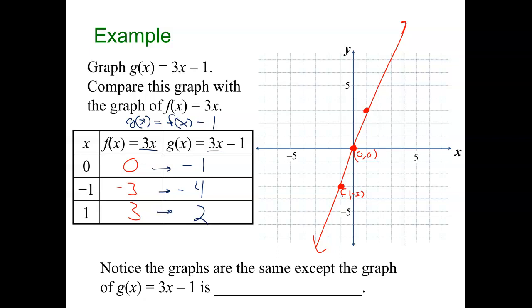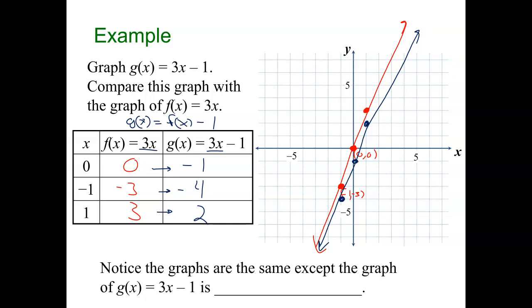Now let's look at graphically what that does. I have 0, negative 1; negative 1, negative 4; and 1, 2. Graphically, what does that do to my line? It shifts that entire line down 1 unit. If I have the same x value, all of my y values shifted down 1.